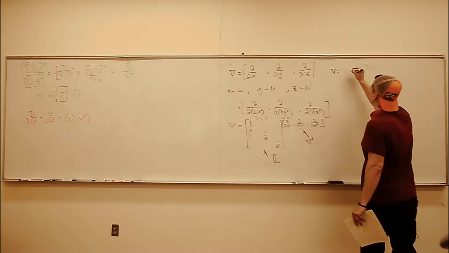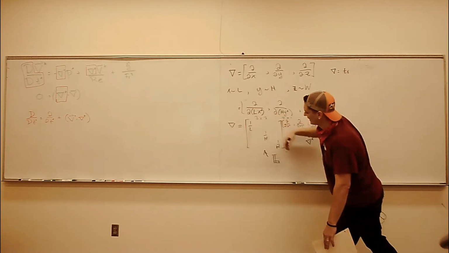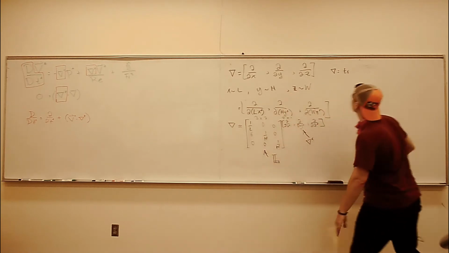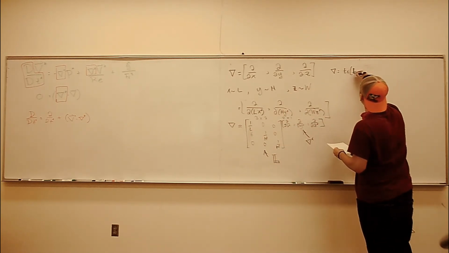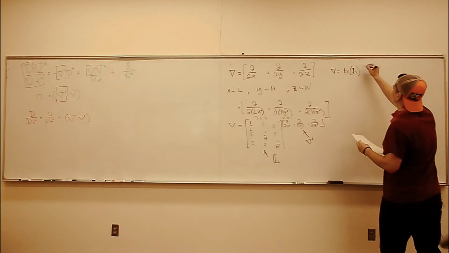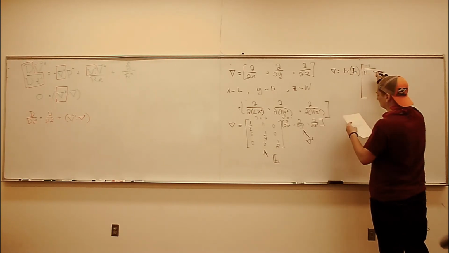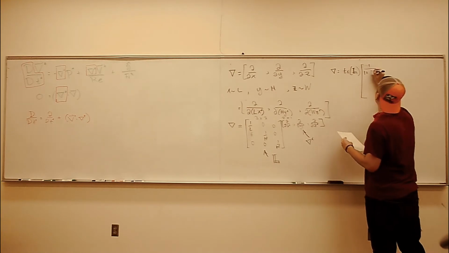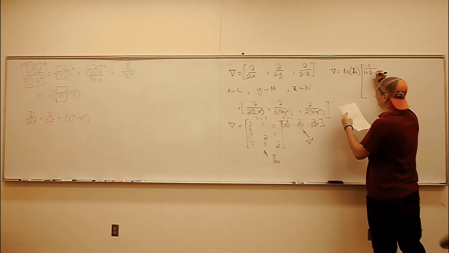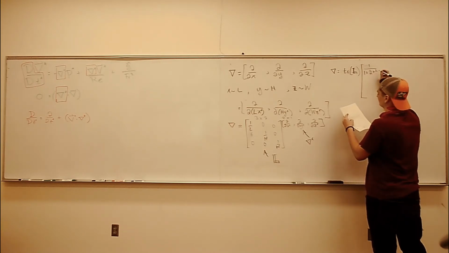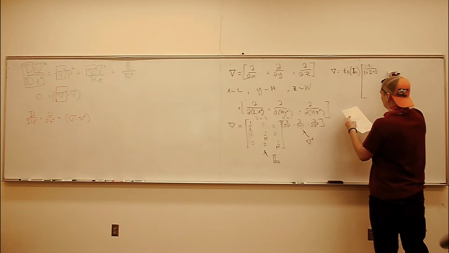So now you just do this trace trickery. The trace is the sum of the diagonals, because these are all 0. And then I have a new matrix where I have 1 over H plus L over W, 1 plus.